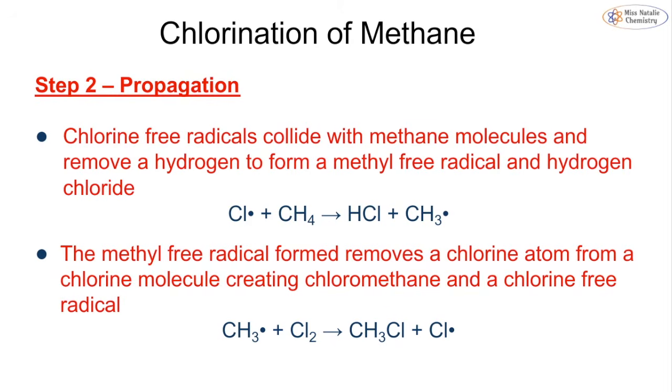Step 2 is propagation. Now what we need to understand is that a free radical is extremely reactive. We know that molecules do not want to have unpaired electrons, so free radicals want to react and remove this unpaired electron or bond it with something else.